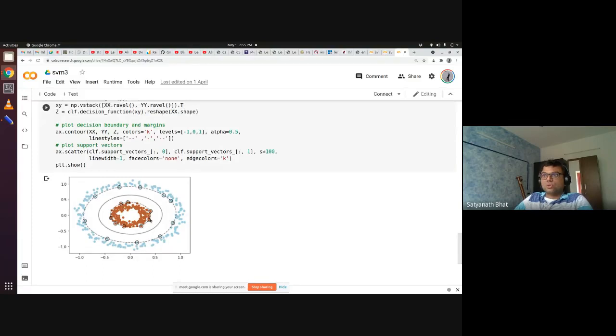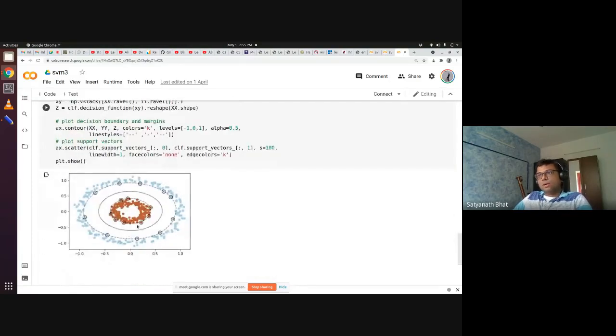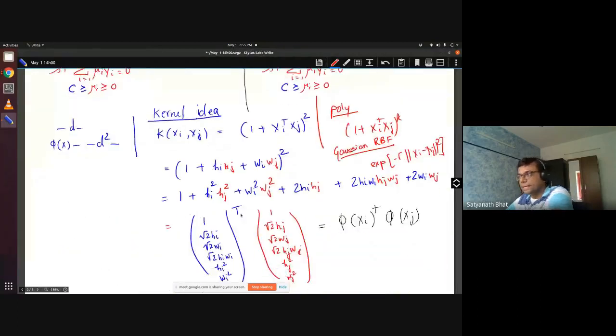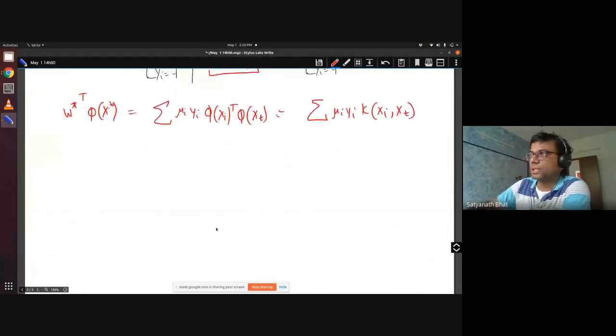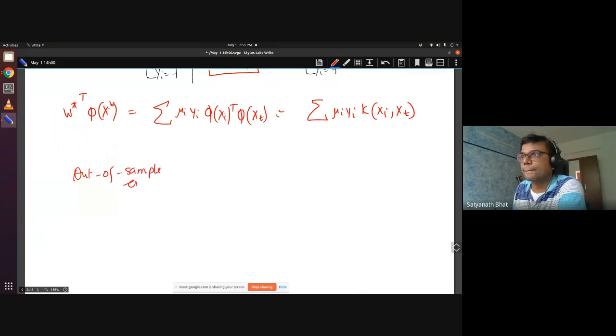Now here there are more support points, and you may think the performance will come down, but there is one thing that I didn't go into too many details about: the out of sample performance. I said the out of sample error is less than or equal to the number of support vectors divided by n, right?